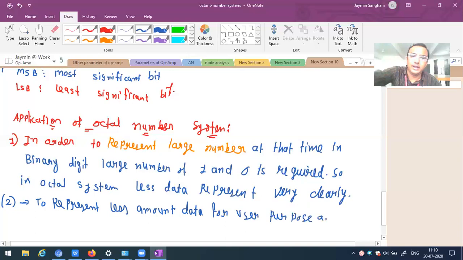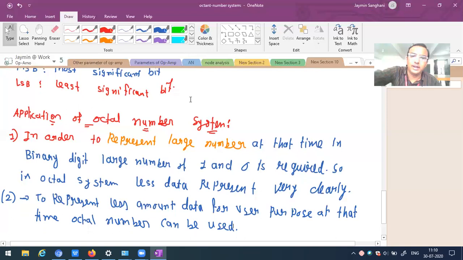At that time, the octal number can be used. So it is the application of the octal number.